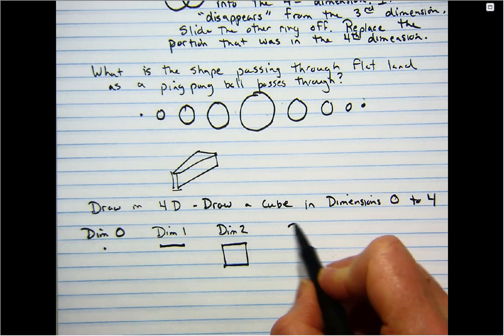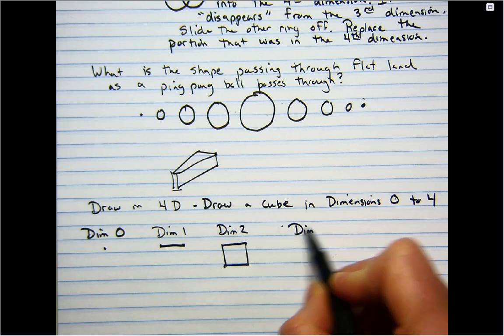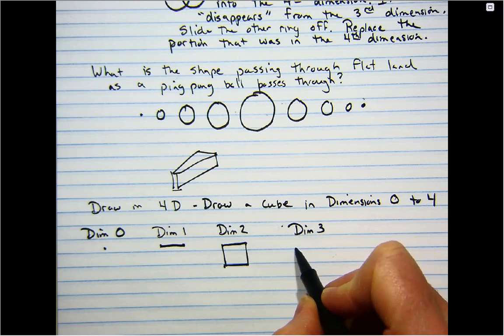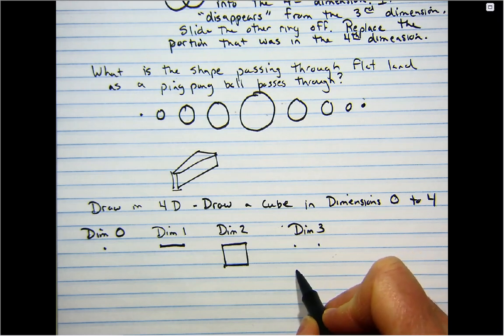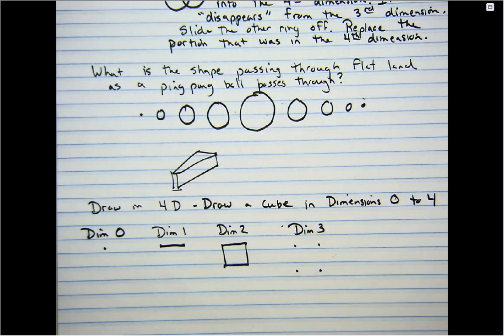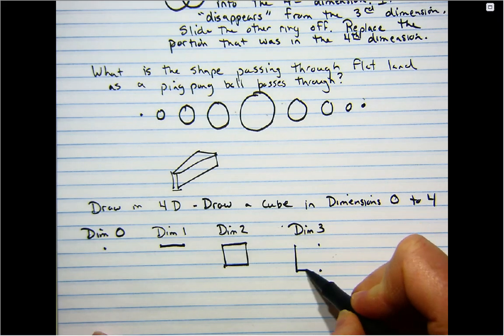So now we do that with the 3rd dimension. So we are needing to get skilled at drawing cubes. So let's practice that now, okay? So draw 1 square, and then we offset and draw a 2nd square.